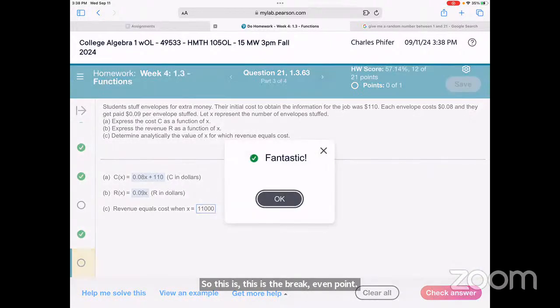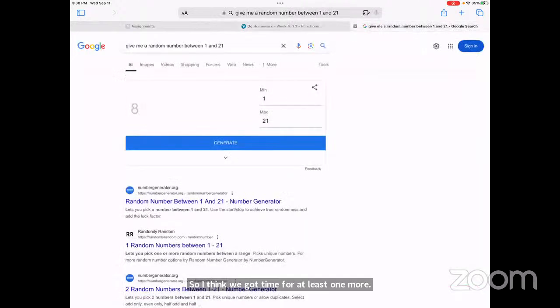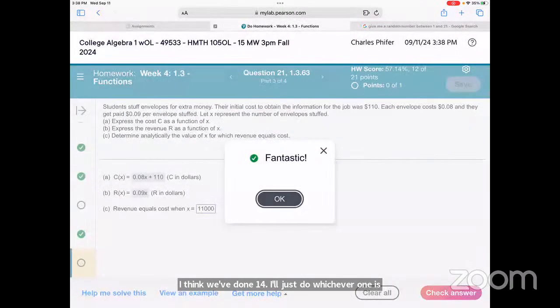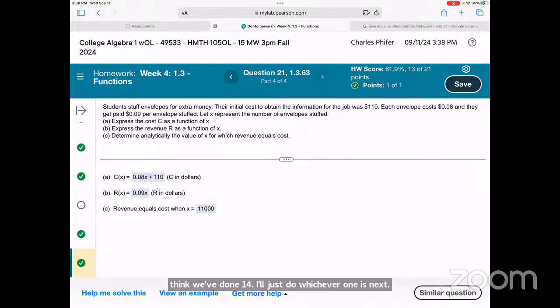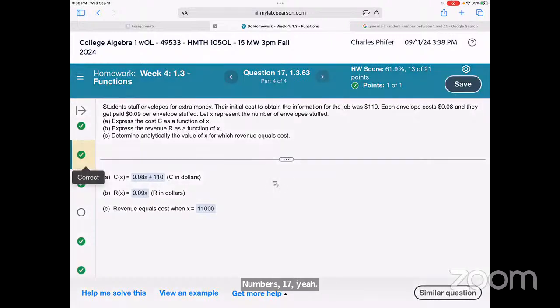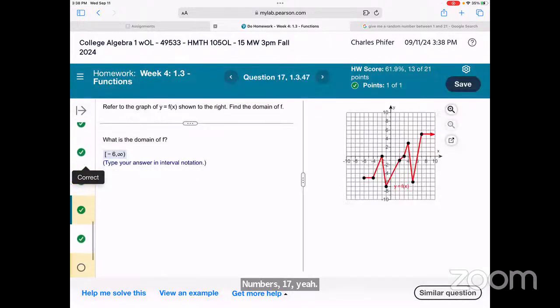Right. So I think we got time for at least one more. I think we've done 14. I'll just do whichever one is next. So let's see. I think that's it. What number is it? 17. Yeah, I think 16, 15, 14. So we'll do this one here. Okay, let me see.